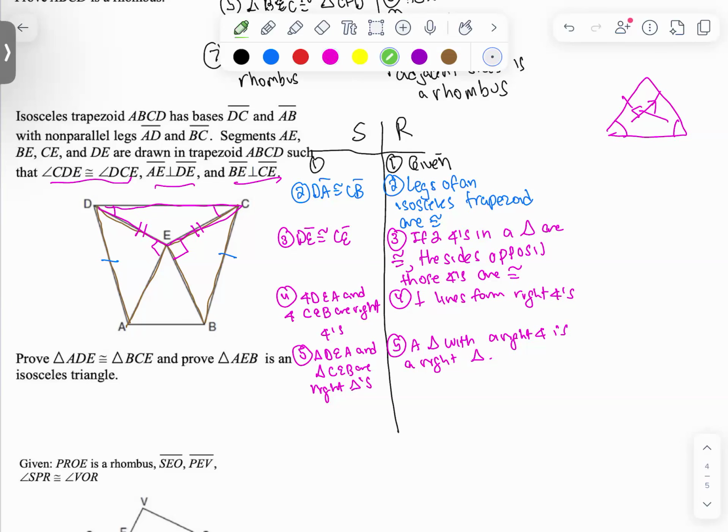And now, since we've already established the congruent hypotenuses and a pair of congruent legs, we can say triangle ADE is congruent to triangle BCE by HL.